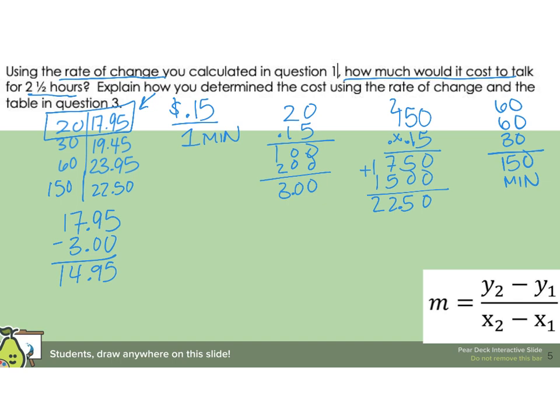So to see the cost for 2.5 hours, I'm going to take the cost of those minutes and then I have to add it to this like service charge, right? So I'm going to add $22.50 and $14.95.